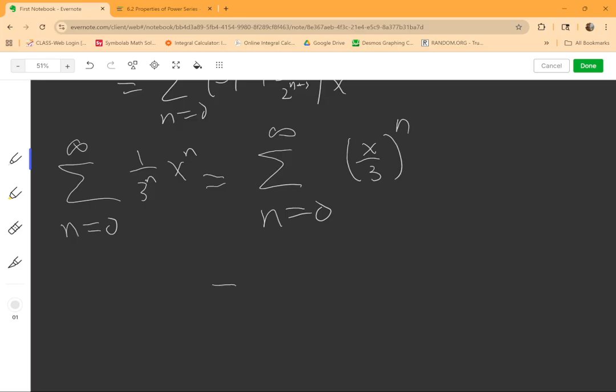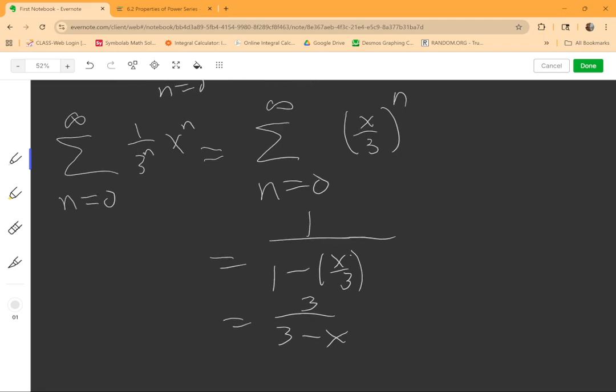And now through our geometric series, we know this converges to this quantity here. And then it's just 1 over x minus 3, right? And multiplying through by 3, we get 3 minus x.